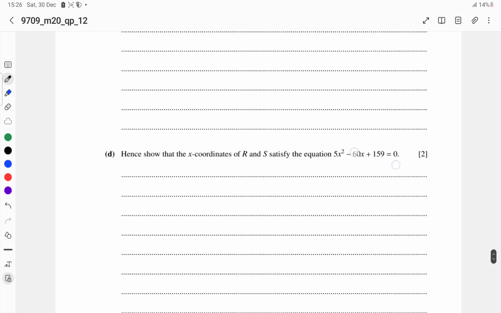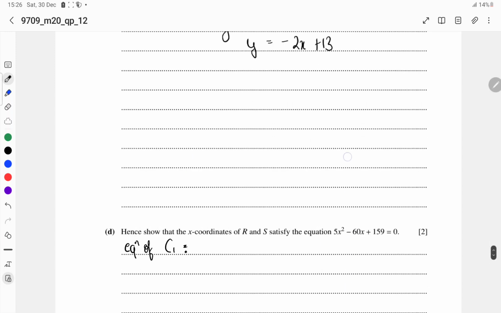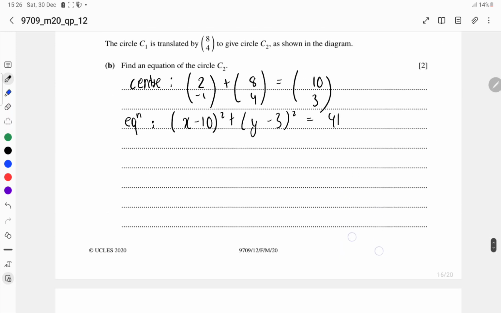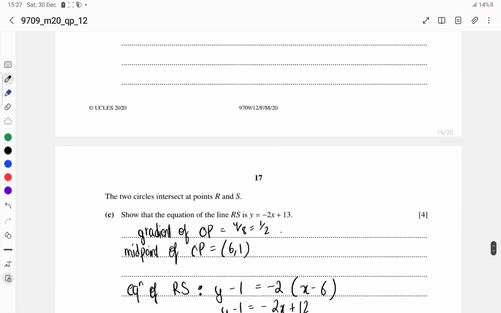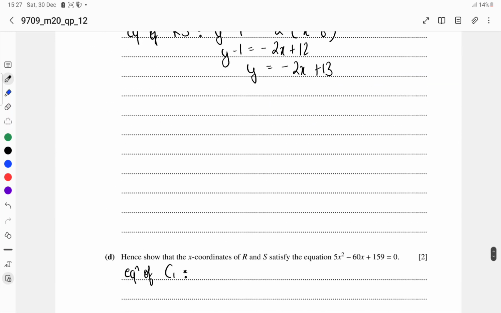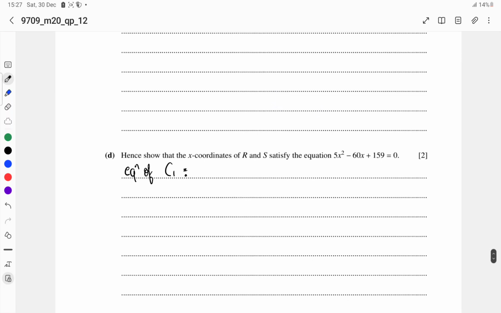So the equation of circle C1 is (x minus 2) whole squared plus (y plus 1) whole squared. So basically what we can do is equate it to 41, or maybe we can eliminate y, right?